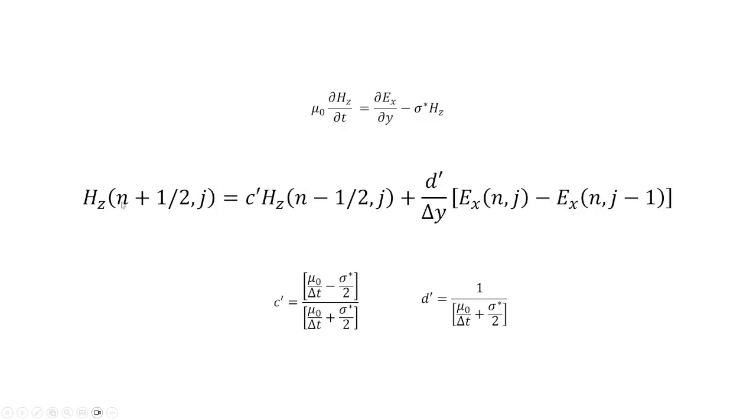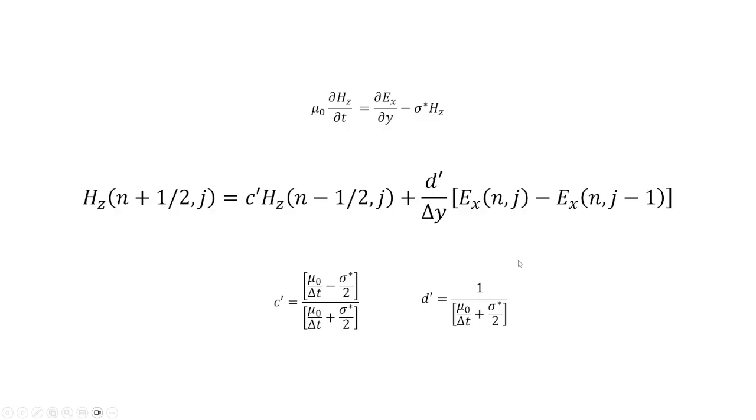And again, we can solve this for the future time step, and this is in index notation. Hz at n plus 1/2, j is just given by this c prime coefficient multiplied by the previous time step Hz plus the spatial derivative of the electric field Ex. And those coefficients are given below.